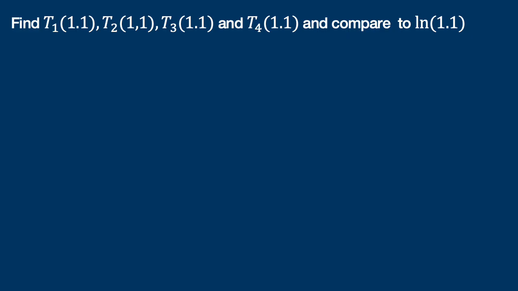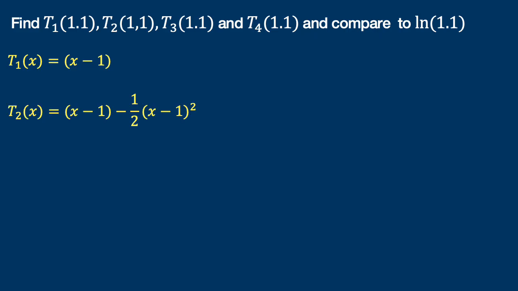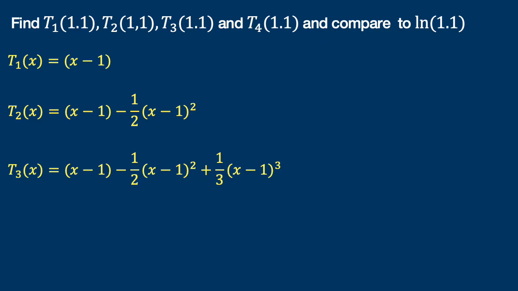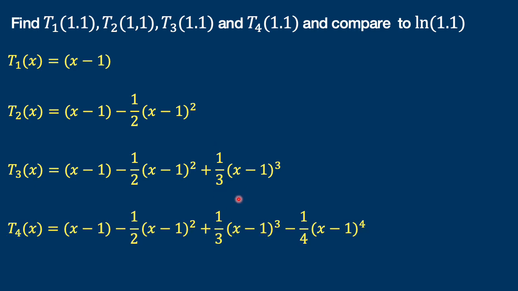Let's start with T1. T1(x) is going to be x minus 1. T2(x) is x minus 1 minus 1 over 2 (x minus 1) squared. T3(x): you add 1 over 3 (x minus 1) cubed, the degree 3 term. T4(x): you're going to add negative 1 over 4 (x minus 1) to the 4th power. So T1, T2, T3, T4.